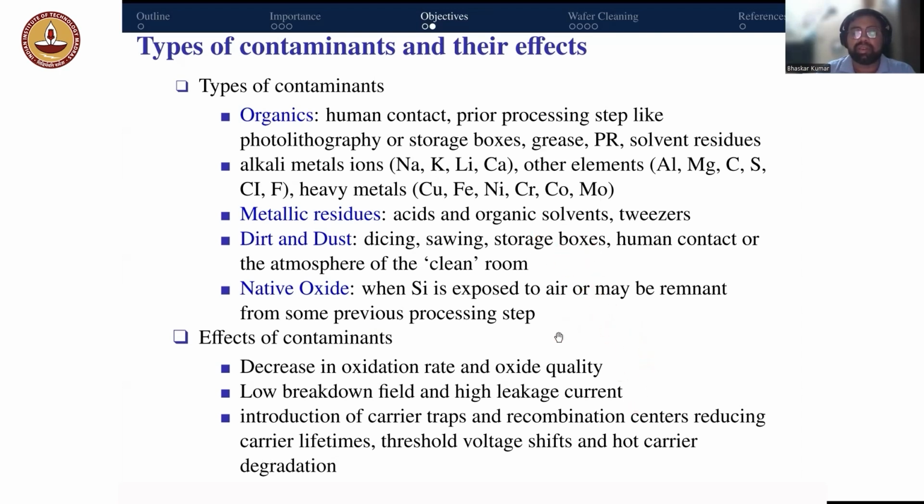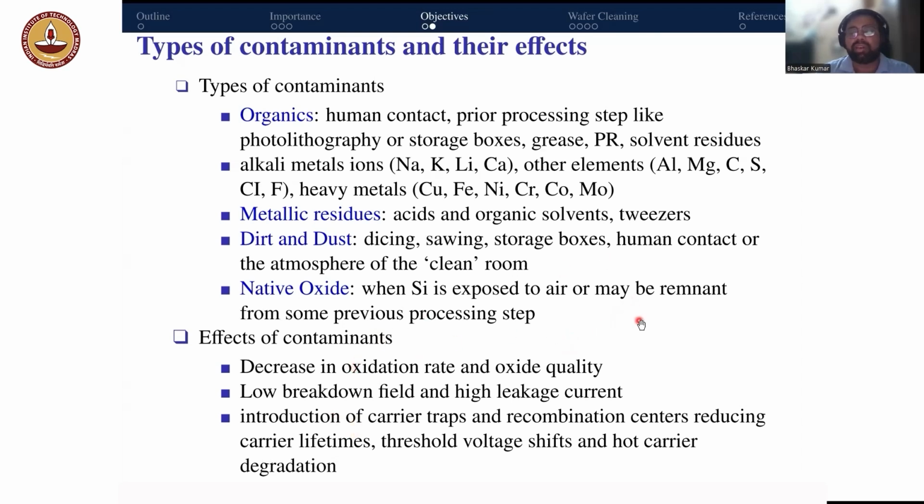Those metal ions are mobile, and they move inside the bulk of the silicon when a voltage is applied, and as such they cause random fluctuations in the threshold voltage, leading to very drastic and unpredictable behavior, and thus causing reliability problems.